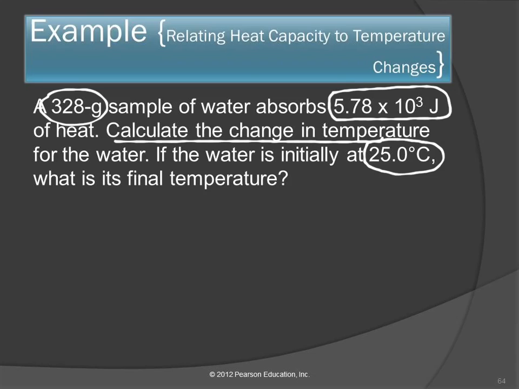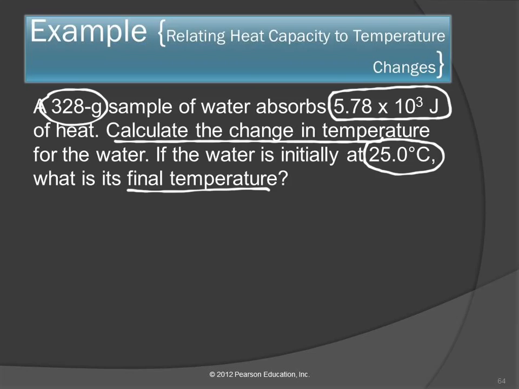Calculate the change in temperature, but there's something else too. What is its final temperature? This question has 2 answers. If it asks you 2 questions, or if it says do this and asks you a question, there's 2 answers and you need to provide both of them.